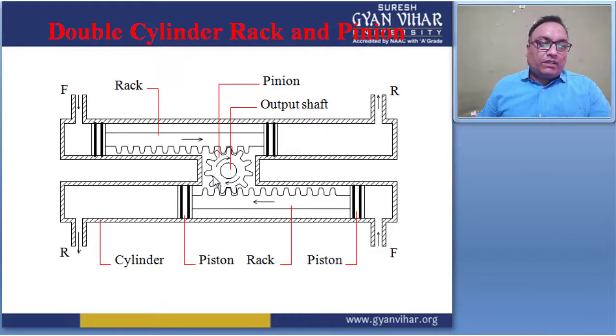This pinion is connected to the output shaft, which performs the operation of the hydraulic system. Most of the working is similar to the single acting rack and pinion arrangement, right?